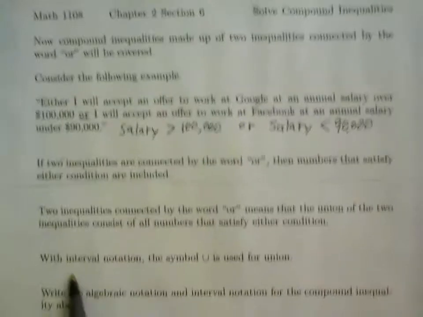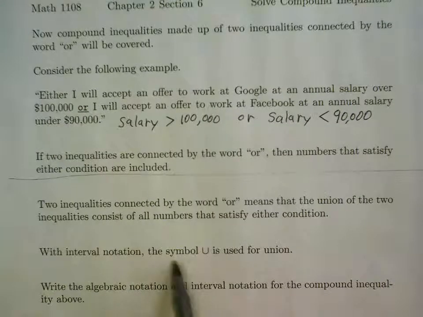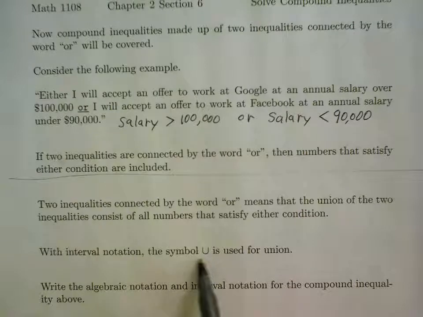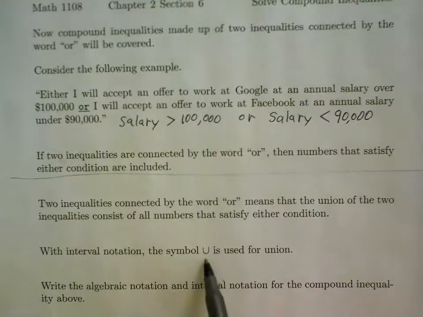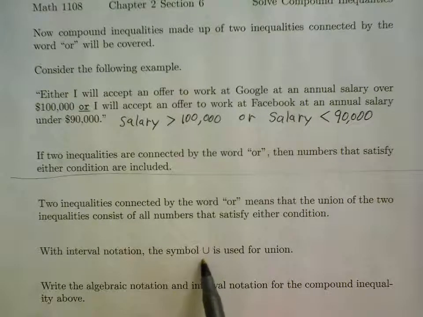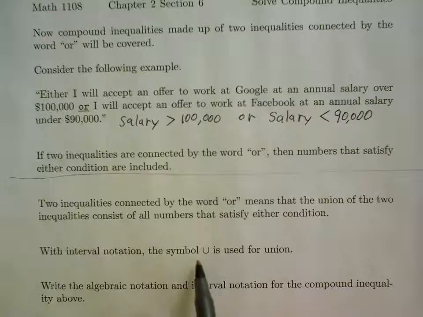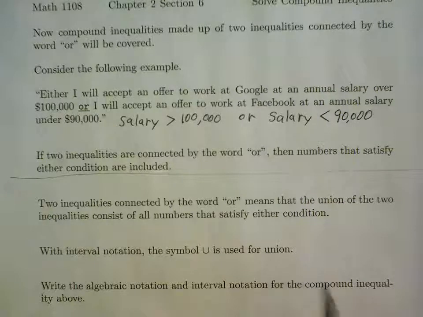And with interval notation, the union symbol is used. It looks like the letter U. It's not really a letter, it's a symbol. Sometimes it's referred to as a cup for the union. So it means that we're combining two sets of numbers.